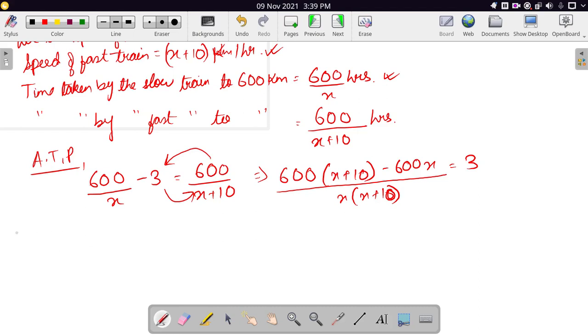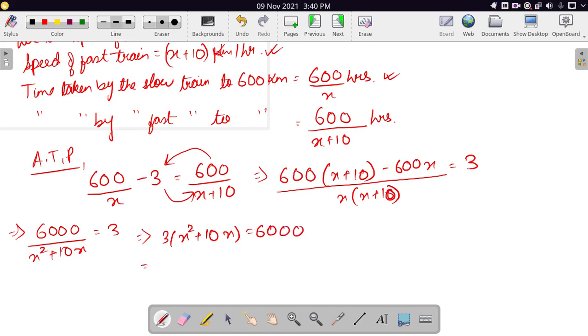Now 6000 by x square plus 10x is equal to 3. Okay, now this is 3x square plus 10x is equal to 6000. Now this will be equal to what? x square plus 10x minus 2000 is equal to 0.